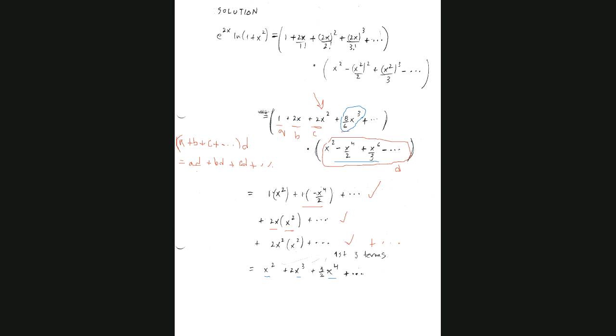That's from 2x times x squared. And the 1 times x squared gets us the x squared term. And then the negative x to the 4th over 2 plus 2 times x to the 4th gets you 3/2 x to the 4th. Okay?